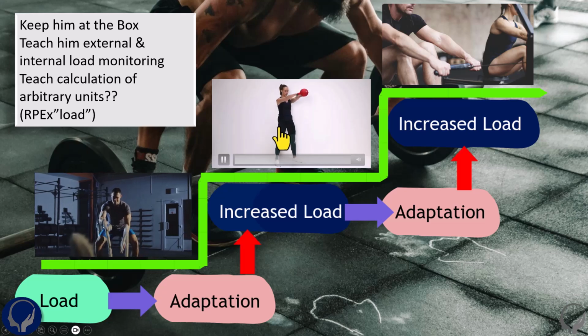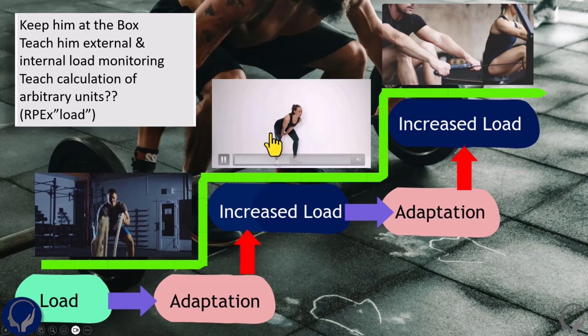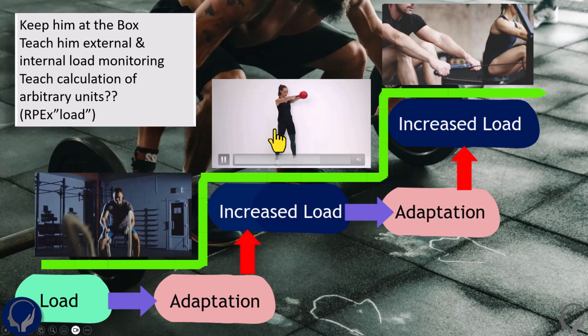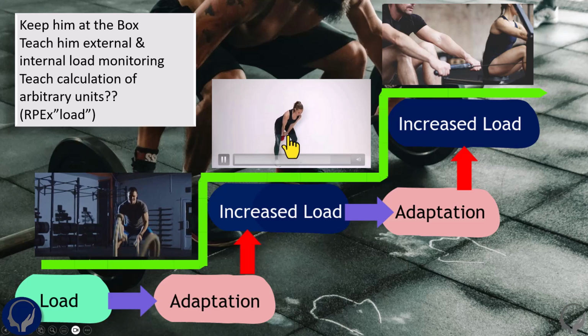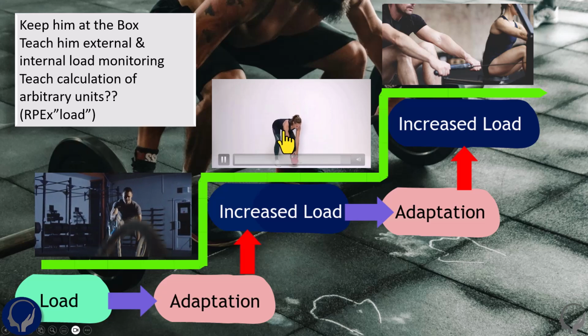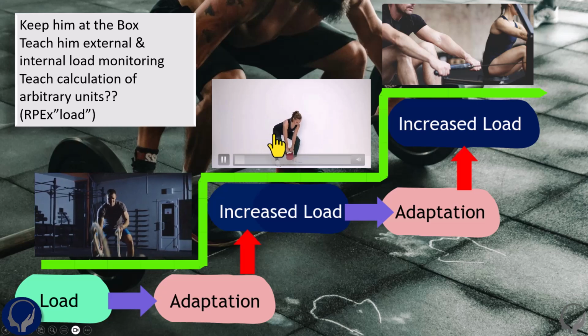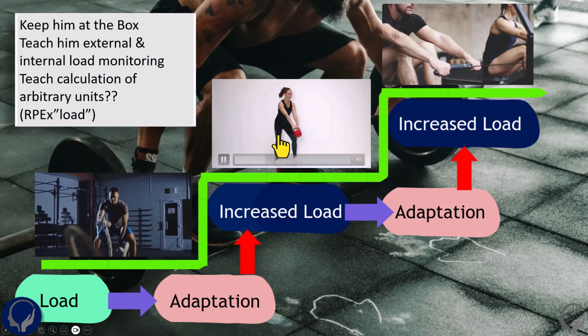But then my progression from here might be time, weight of the kettlebell, and/or going into or out of pain. So maybe I first have him do it with a 10-pound kettlebell, and I have him stay in the pain-free range of motion, and we go for a certain amount of time and reps.